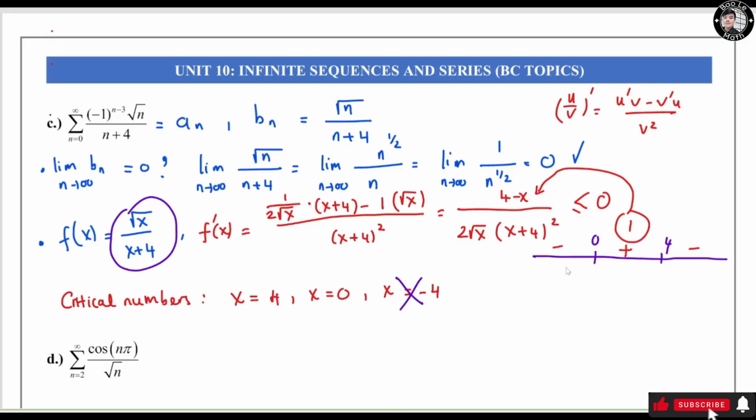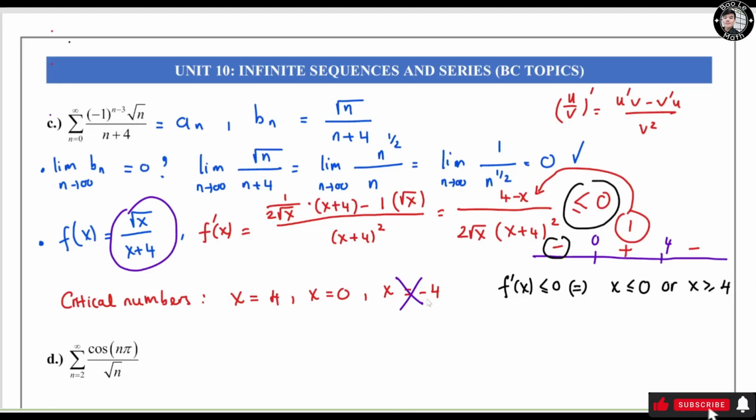Now I need this to be less than or equal to 0, so I conclude that f prime of s is less than or equal to 0 when s is less than or equal to 0, or s is greater than or equal to 4.